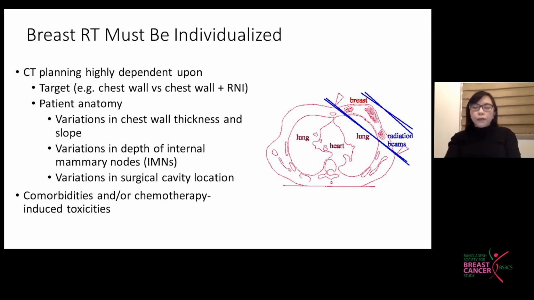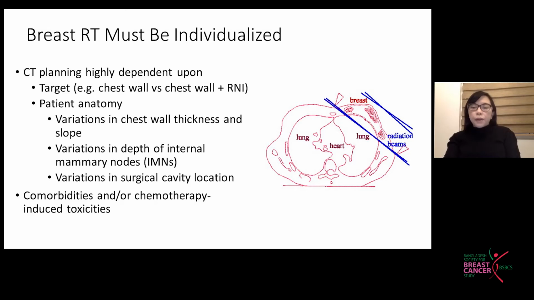But first, a precaution that I'd like to mention is that breast RT has to be individualized. It depends upon the target that the physician has chosen to treat, for example, chest wall only versus chest wall with regional nodal irradiation. It also depends upon the patient's anatomy.